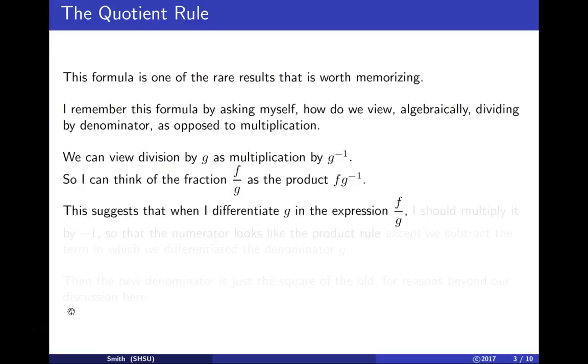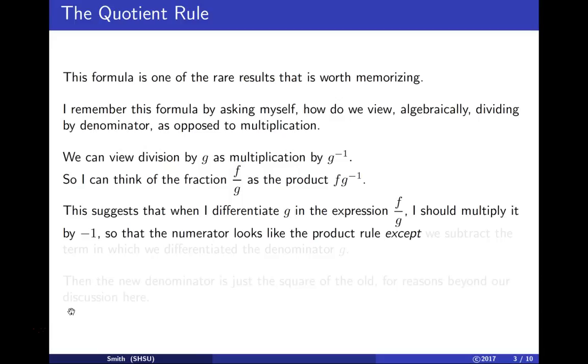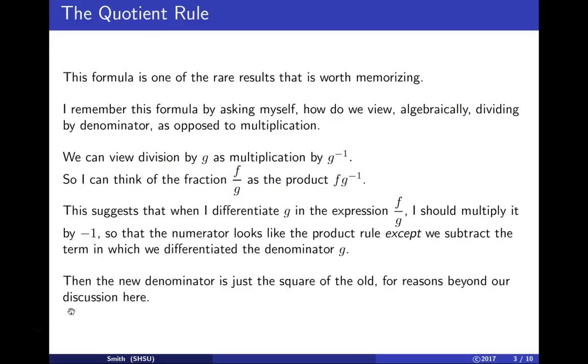This suggests that when I differentiate g in this expression, I should remember to multiply it by minus 1. So the numerator in this expression looks like the product rule, with the one exception that we subtract the term where we differentiate the denominator g. Then the new denominator is just the square of the old, for reasons beyond our discussion here.